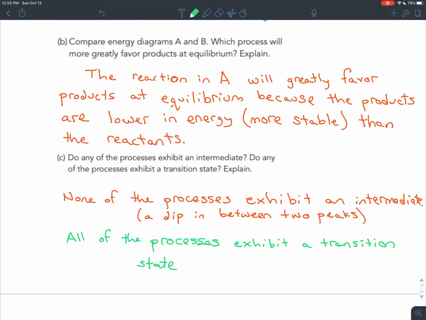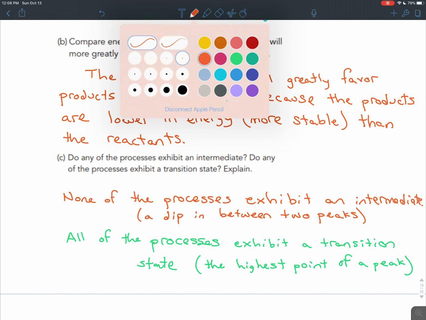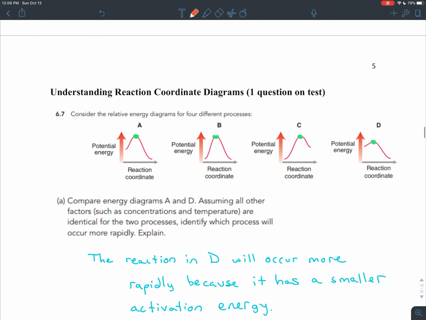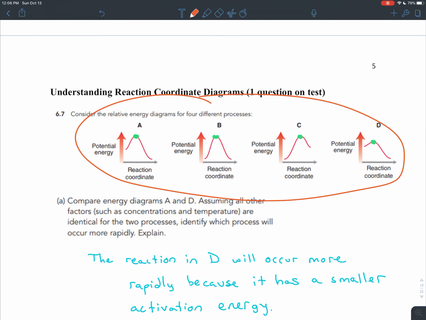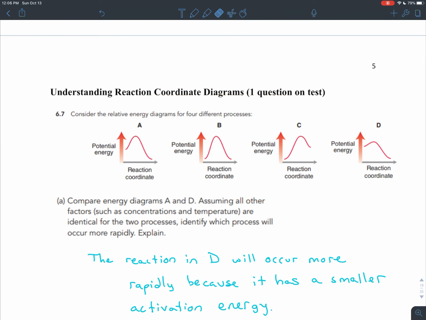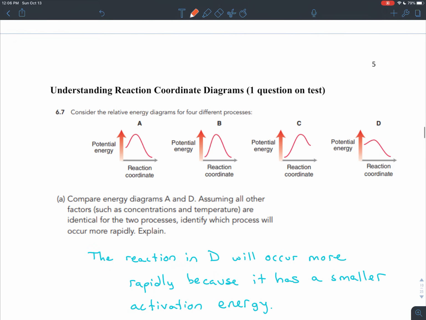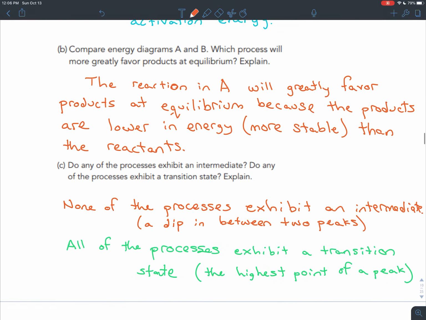And a transition state is the highest point of a peak. So none of them have a dip in between two peaks, and they all have a highest point on their peaks. So none of them have an intermediate, but all of them have a transition state.